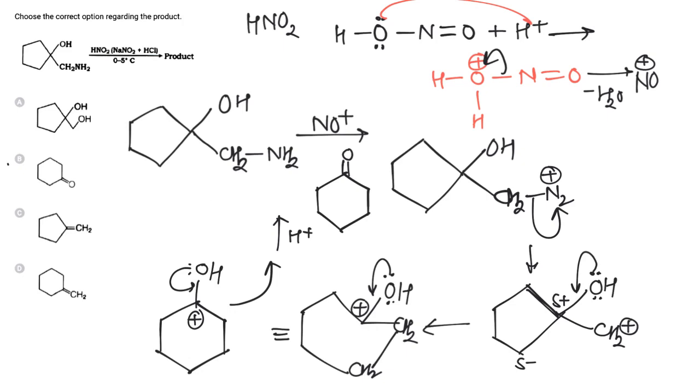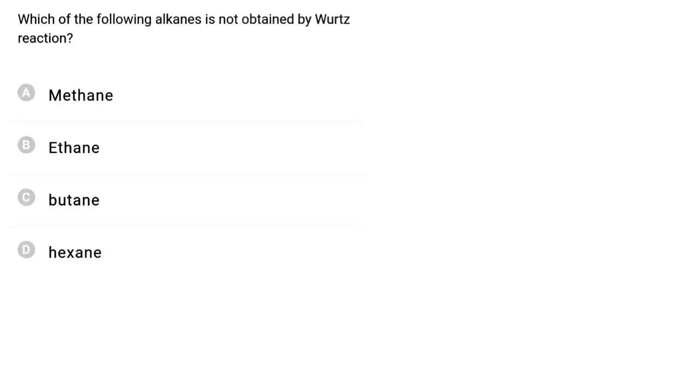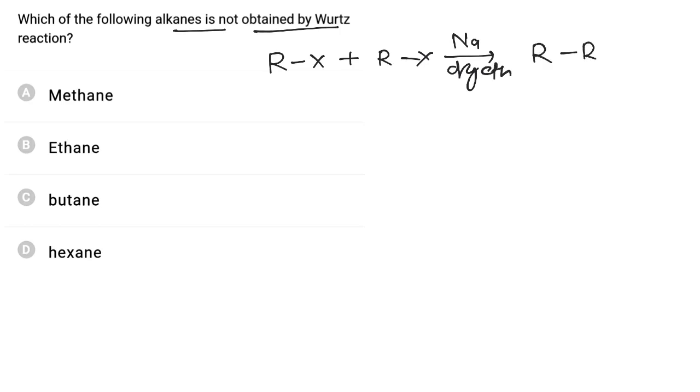In this question we have to find which of the following alkane is not obtained by Wurtz reaction. So during Wurtz reaction, when alkyl halide reacts in presence of sodium and dry ether, both are combined to give higher alkane.